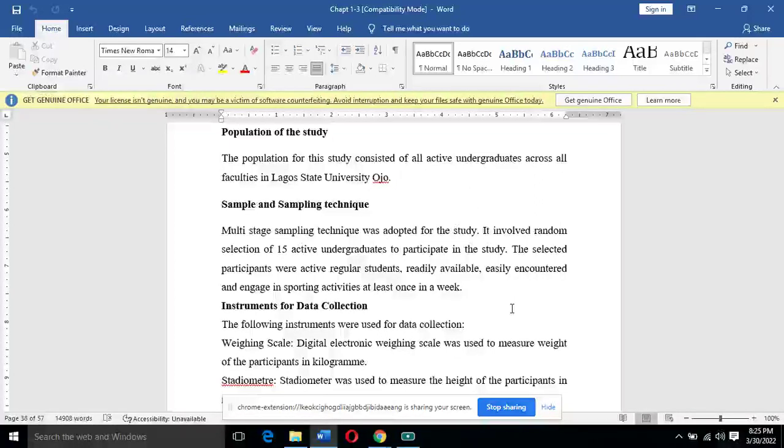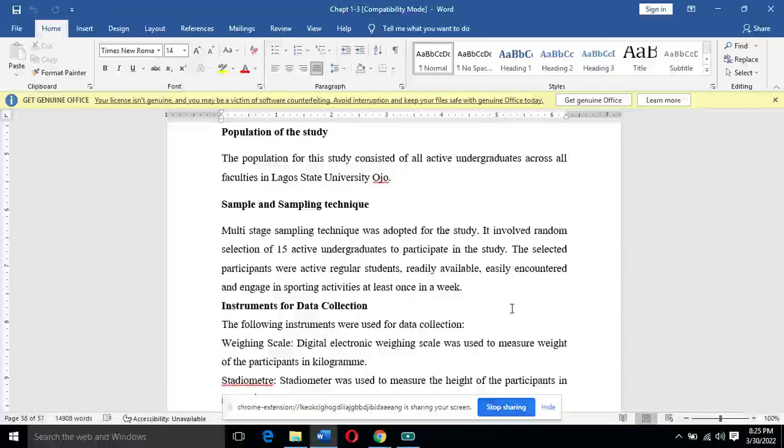The population is those people that are originally supposed to be part of the research. For instance, I want to carry out research on prevalence of drug abuse among undergraduates in Lagos State.